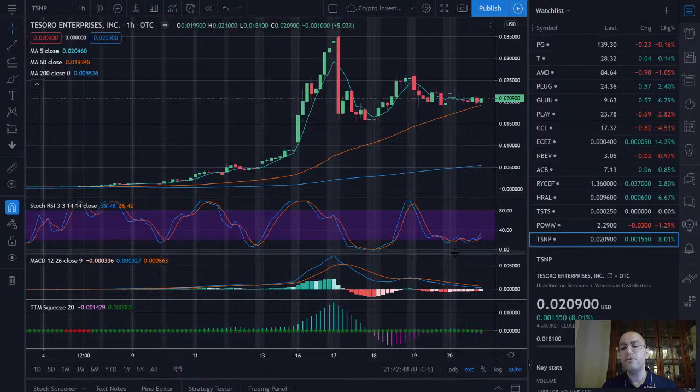A TTM squeeze is only an indication that a consolidation period has ended and there's a price movement that is about to happen, either upwards or downwards. So a TTM squeeze does not always mean that the price will shoot up. It could actually mean shoot down. And there is a way of identifying this through exponential moving averages. And I'll explain that in later sessions as well.